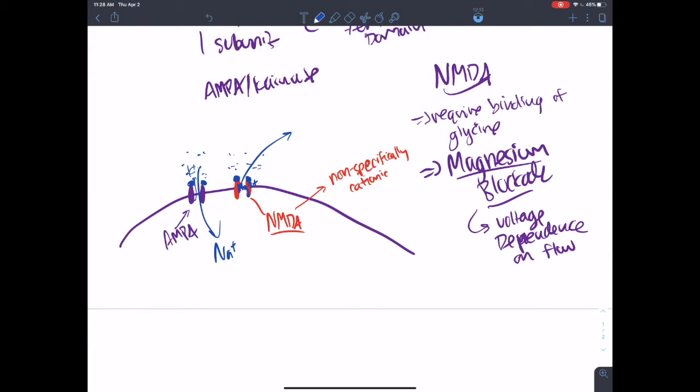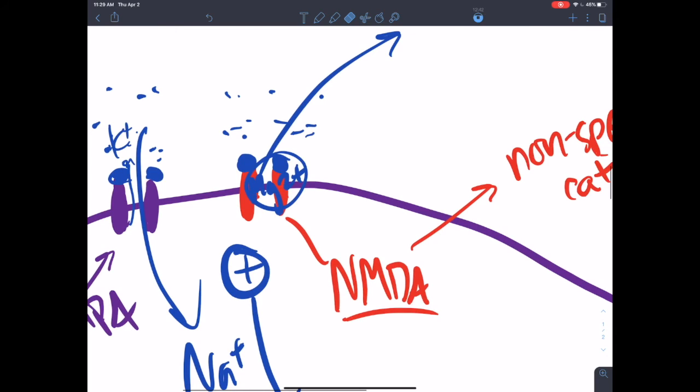That's what we mean when we say that the magnesium blockade establishes this voltage dependence on current flow: if the inside of the cell isn't relatively depolarized to a certain threshold, that magnesium is perfectly happy sitting in that pore. But we know that positive charges repel each other. So eventually, once you build up enough positive within the neuron, all this positive within here is going to repel this positive magnesium.